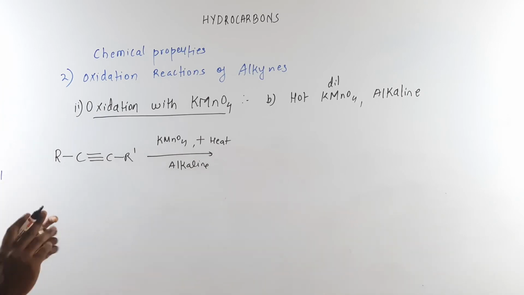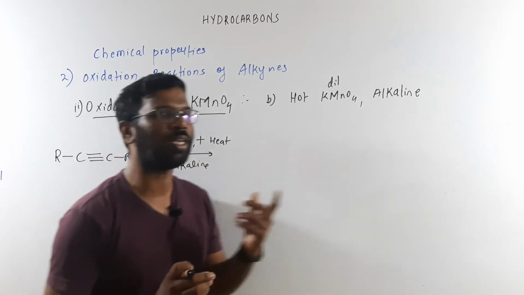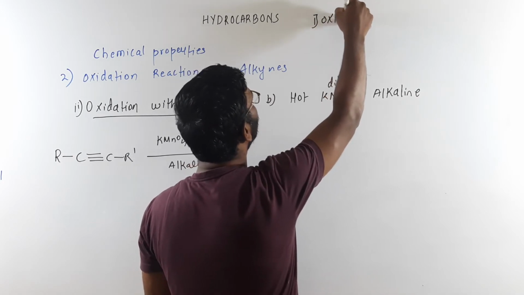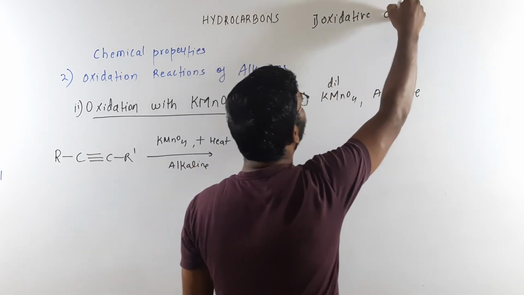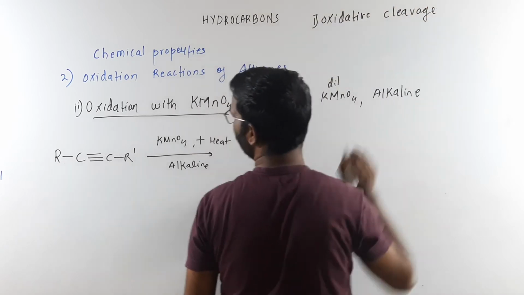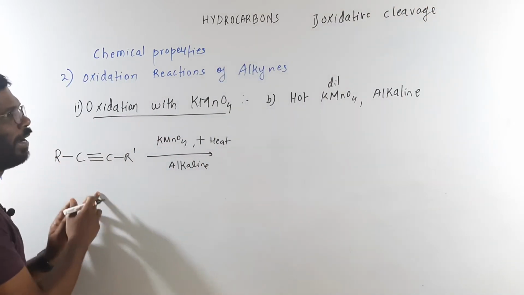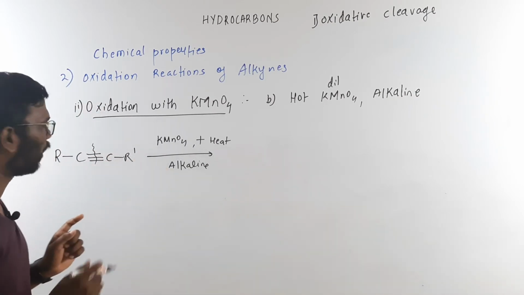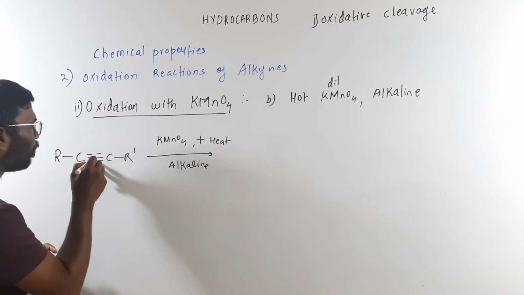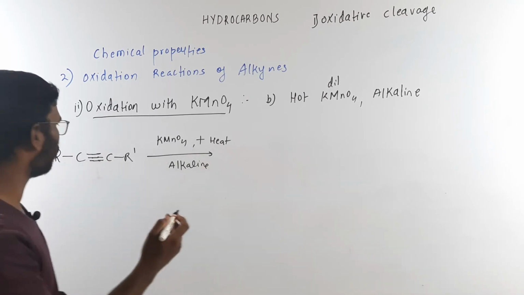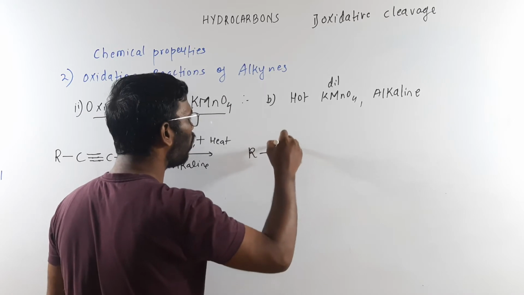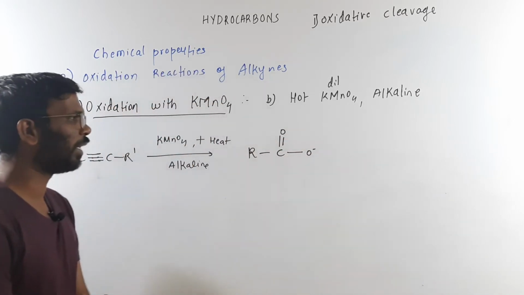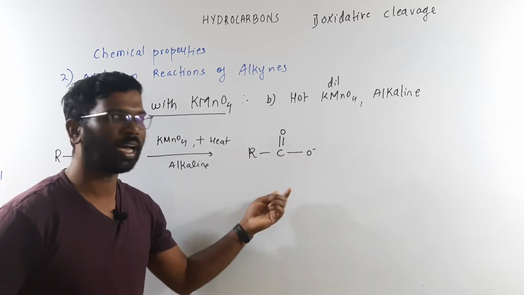Because of the heat, we have to understand there will be oxidative cleavage. Oxidative means oxygens will be added over here, and because of heat, these bonds will break apart. So we will be getting a salt of carboxylic acid, or what we say, a carboxylate ion.